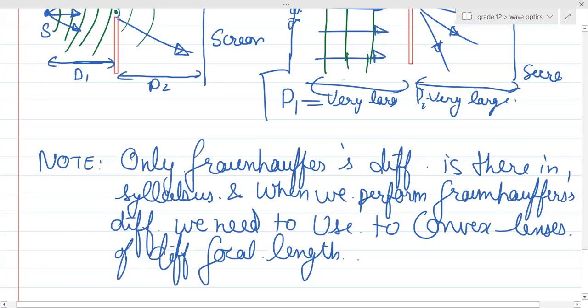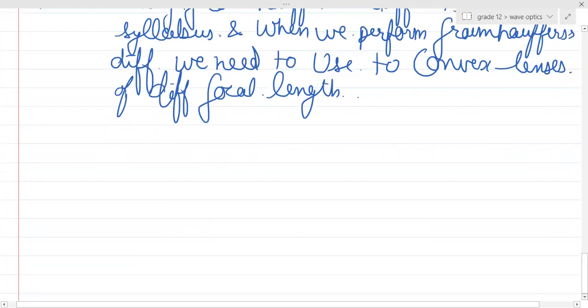So basically, what can I do in this particular case, guys? See over here, of different focal length. So you'll understand how exactly I'll do Fraunhofer's diffraction.